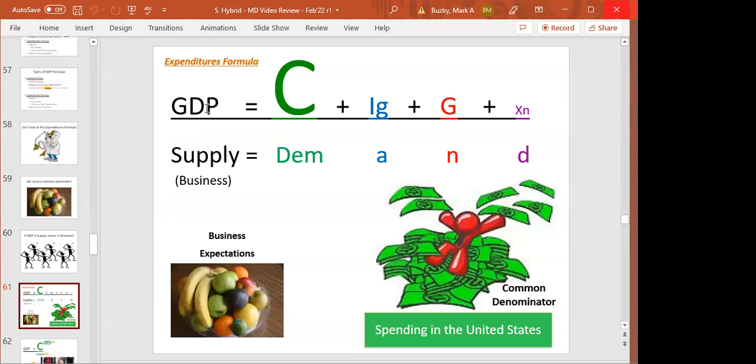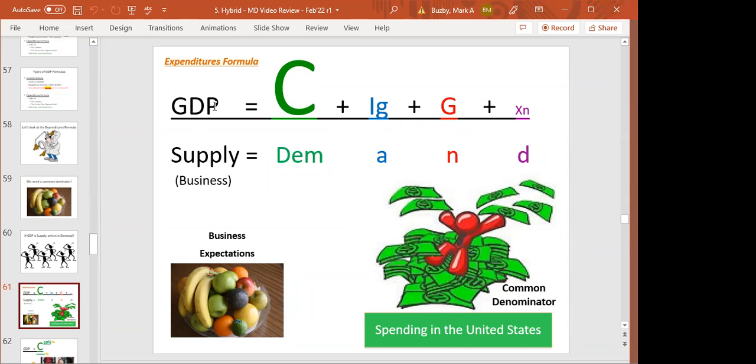If businesses produced what they think we're going to buy over the year, then they will have produced $22 trillion worth of stuff, and we would have bought $22 trillion worth of stuff. Our common denominator is dollars. All right, that's what we're looking at.